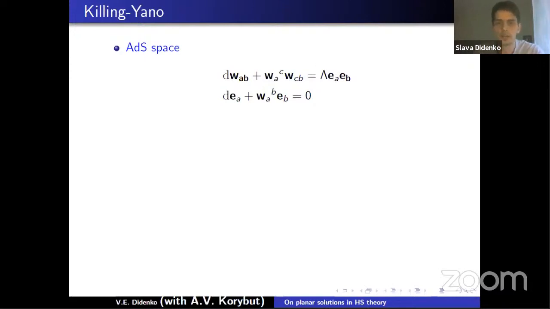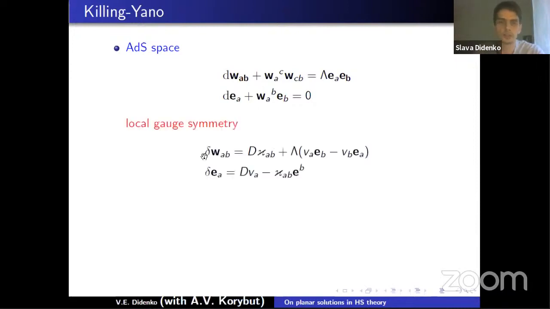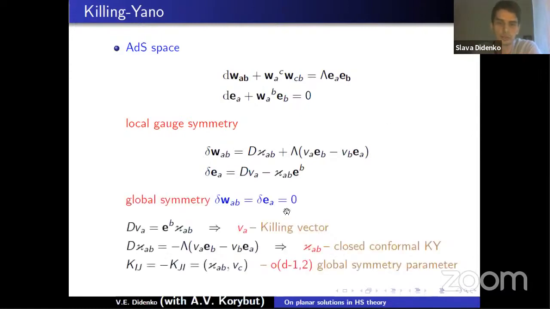And then this formal equation has a nice feature that it has local gauge symmetry. That is, if you vary W and E in the following form with kappa and V some 0-form arbitrary parameters, then you will see that the Cartan equations remain invariant. And then if you set those variations to 0, you will find global symmetry.